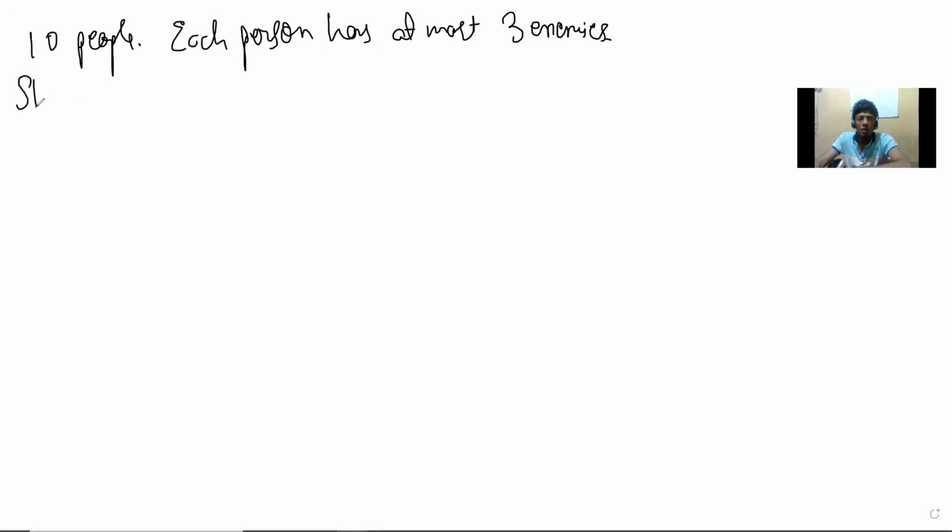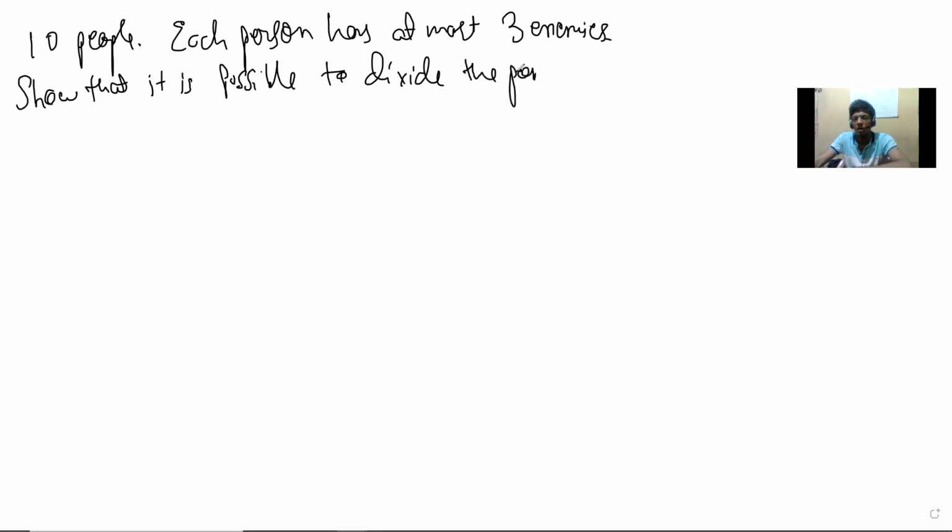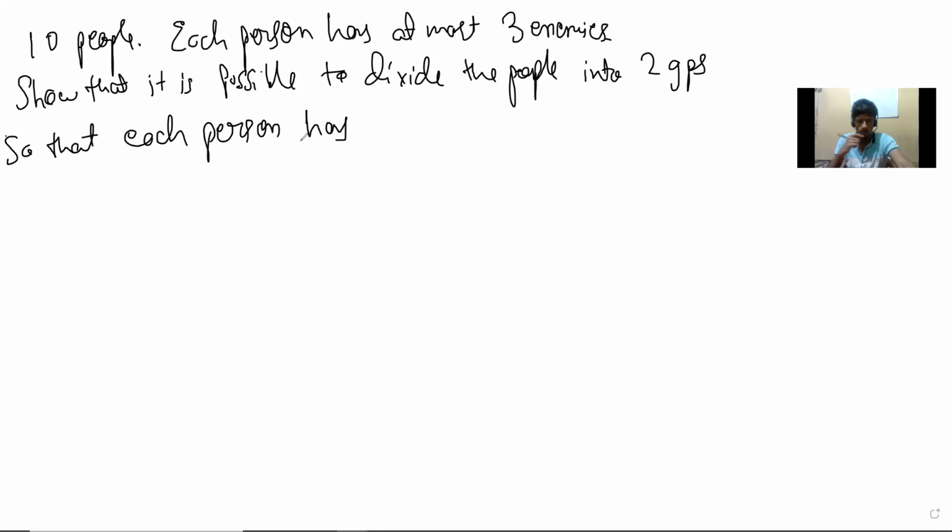So show that it is possible to divide them into 2 groups so that each person has at most 1 enemy in his own group, because obviously overall that number, if he has 3 enemies, is not going to change.